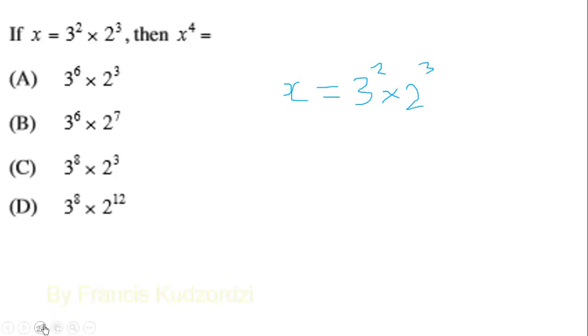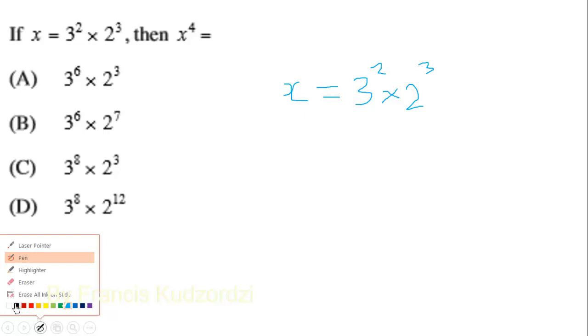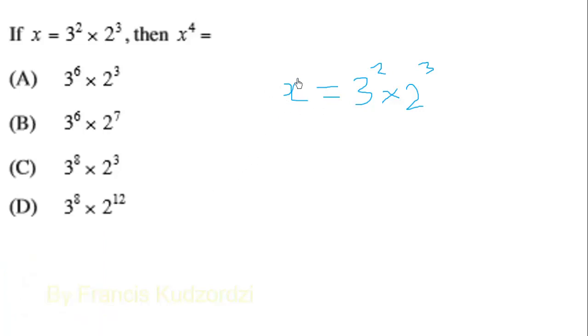So if you raise x to exponent 4, then we have to raise this number to also exponent 4. So x exponent 4 will be equal to 3 exponent 2 times 2 exponent 3, all exponent 4.